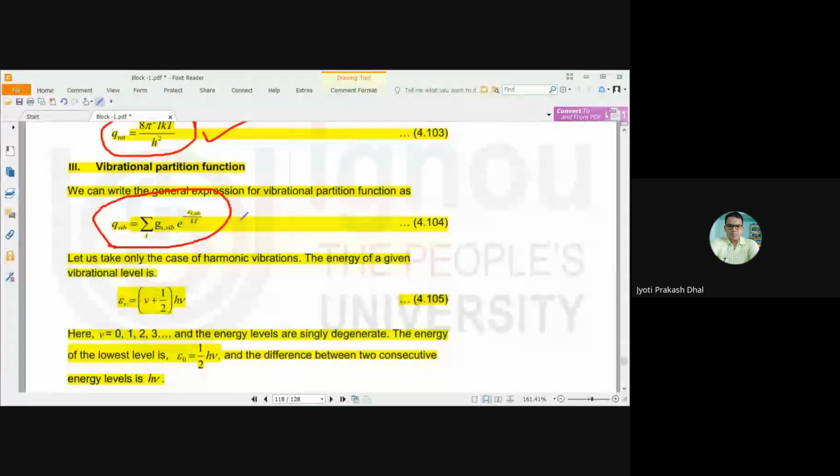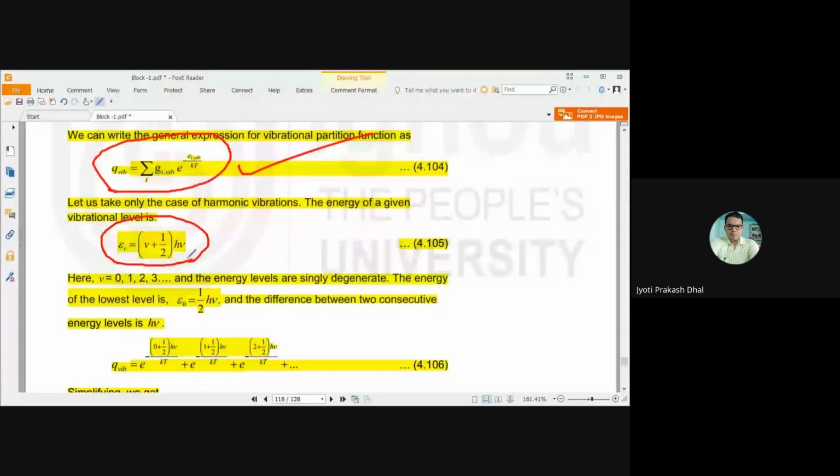And again, from the graduation level, from molecular spectroscopy, we know that epsilon vibrational equals nu plus half h nu, where nu is the vibrational frequency and nu is the vibrational quantum number, nu equal to 0, 1, 2, 3.